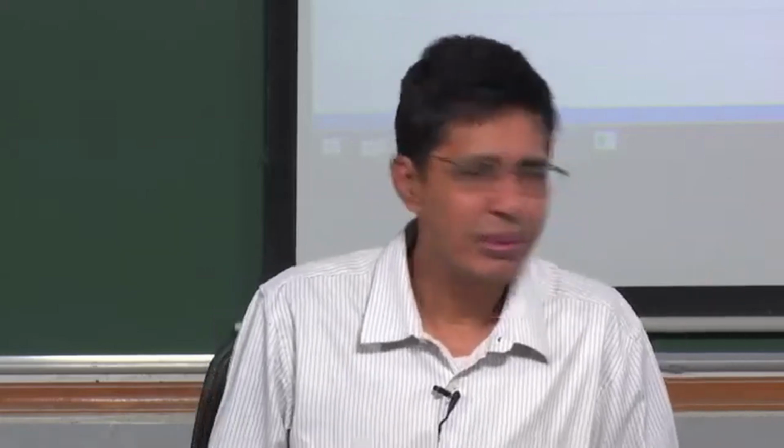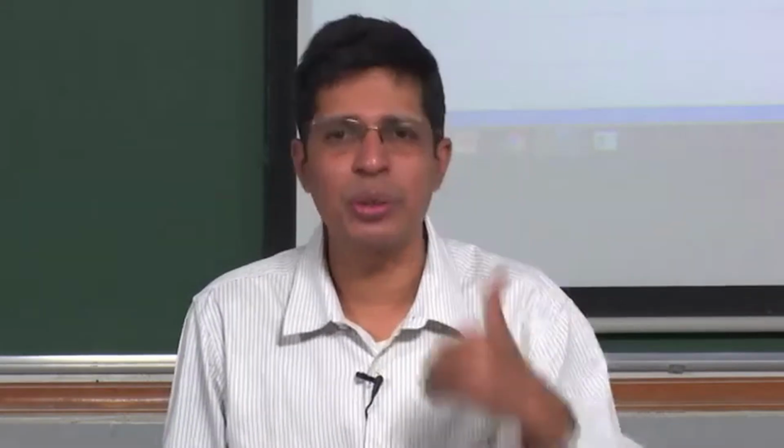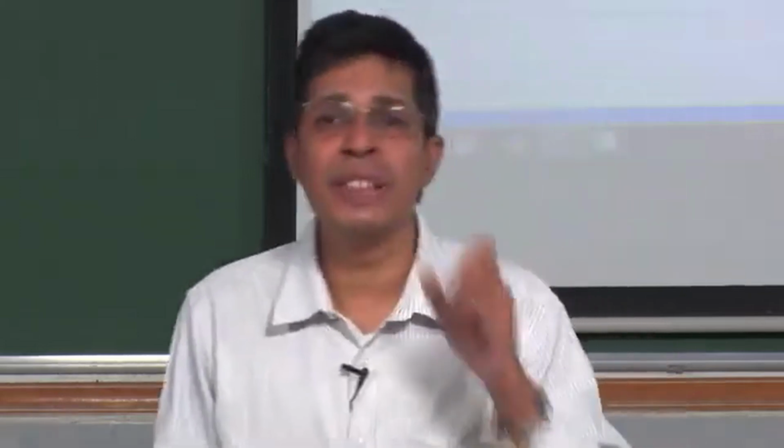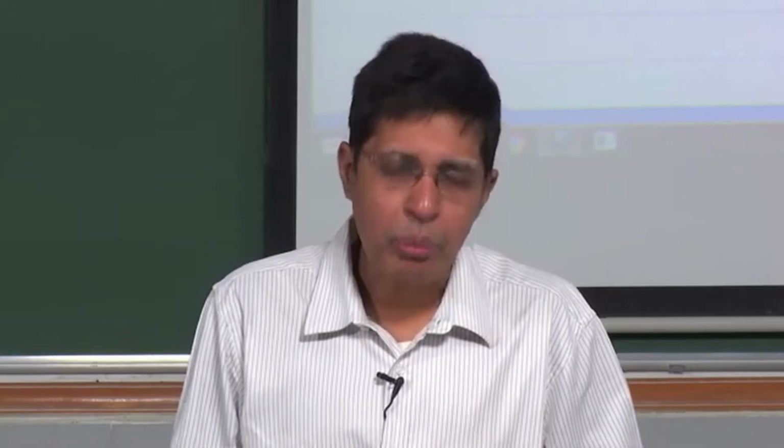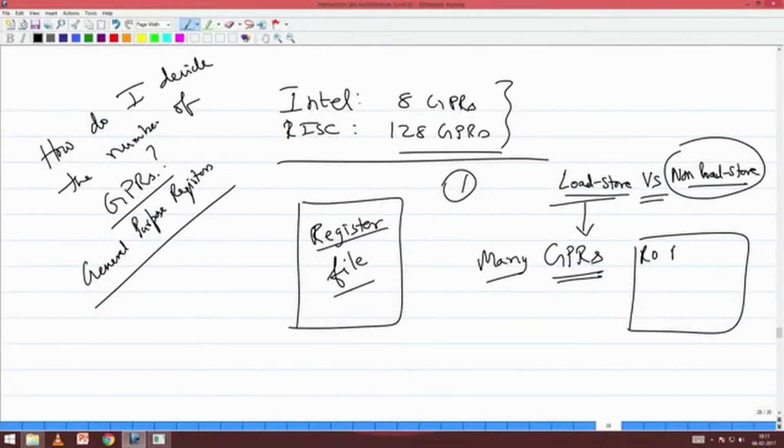When I want to access the register file, I should basically say which register I want to read from or write to. In the case of data fetch, I am going to read. In the case of writing the result, I am going to write. So I should tell which register I need to read or write. What I do is give an address for that register. So let there be 8 registers, say R0, R1, R2, R3, R4, R5, R6, R7, I have a 3-bit address for this register.